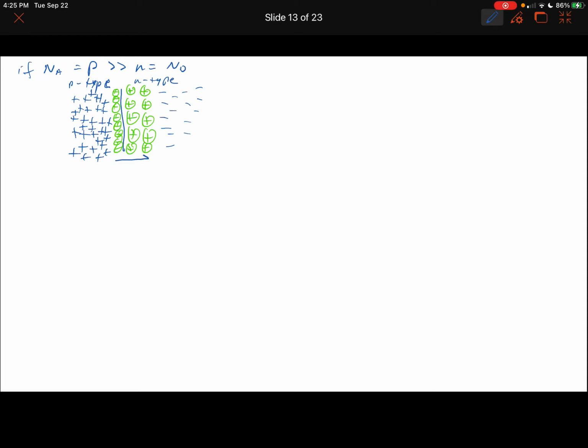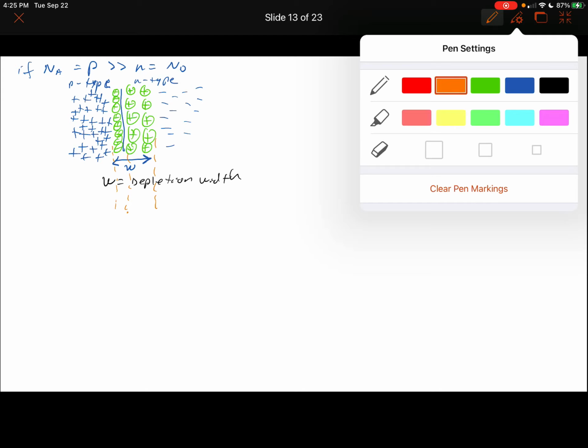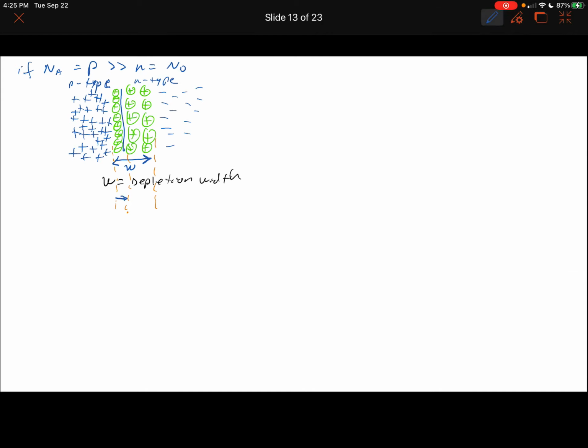And so then we have W, that depletion width, and there's an XP and an XN.